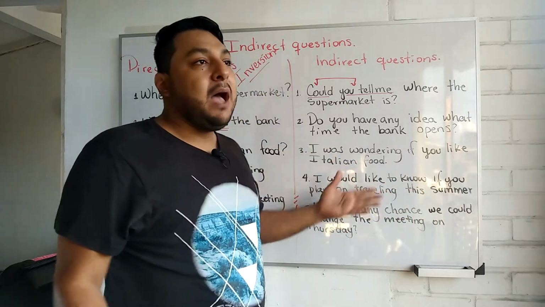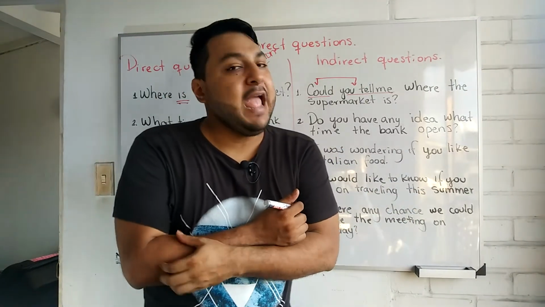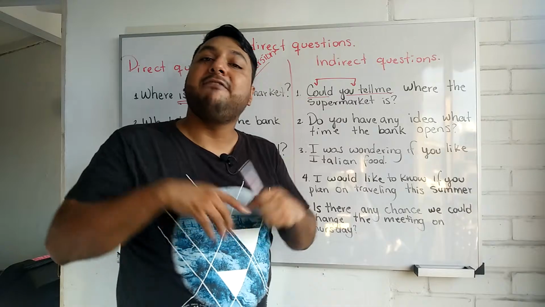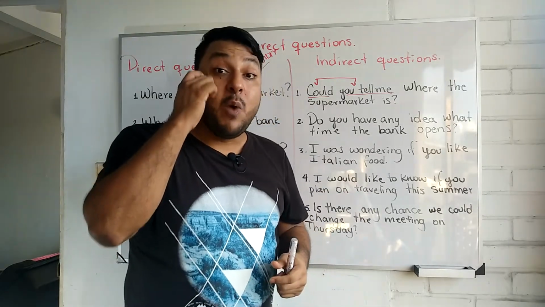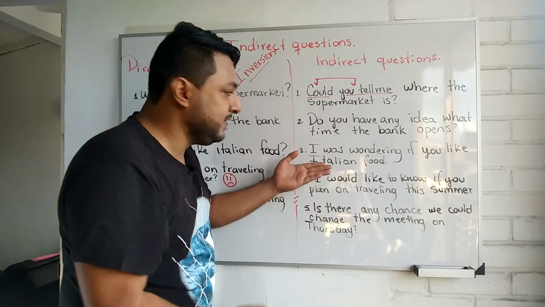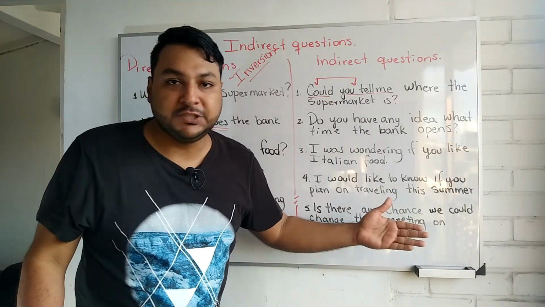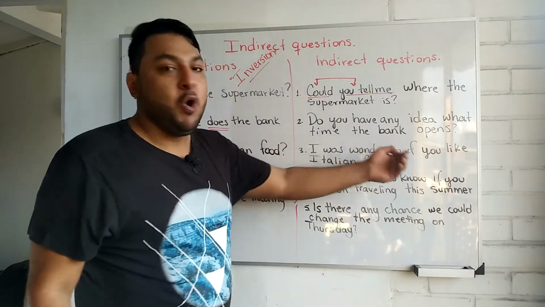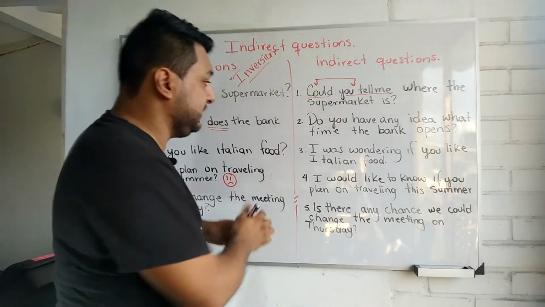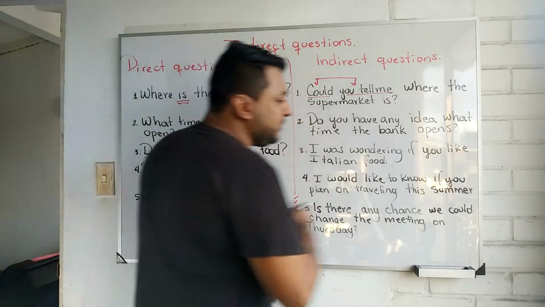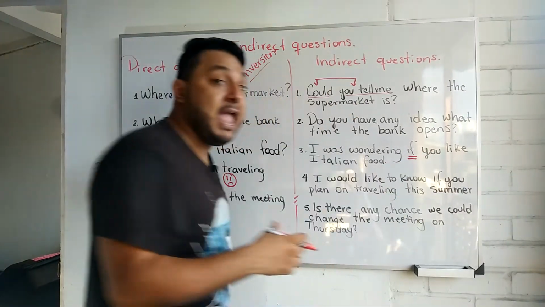Now we're not using any structure of a question. This is an affirmative sentence, but the question is embedded in the sentence. You know it is a question, and this one is a yes or no question. There is another difference. Not only is this one embedded, but we also add if.